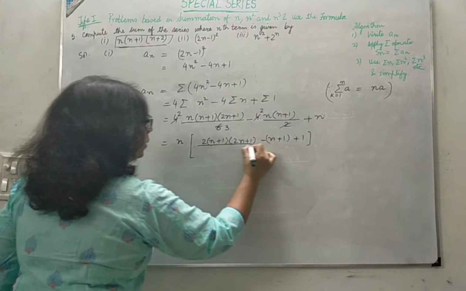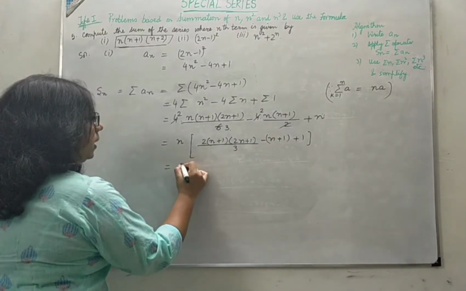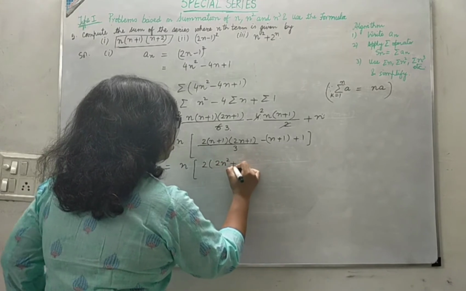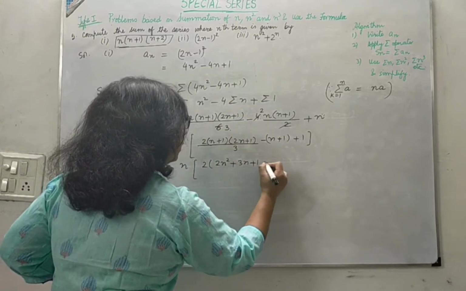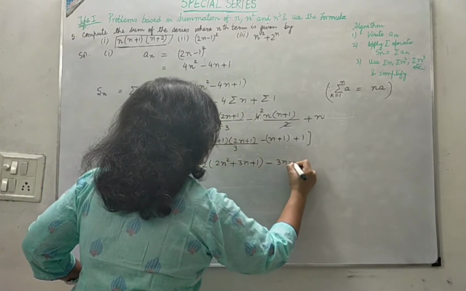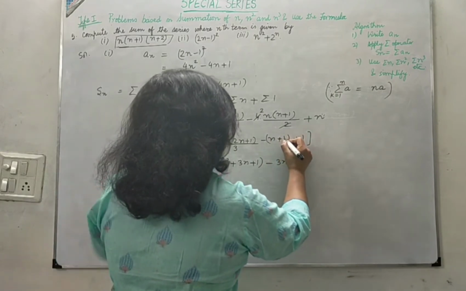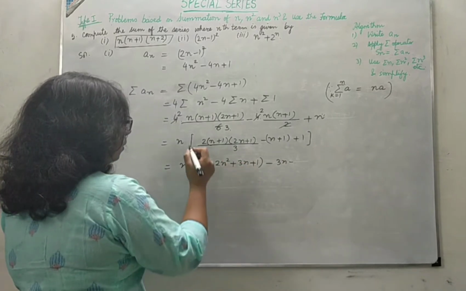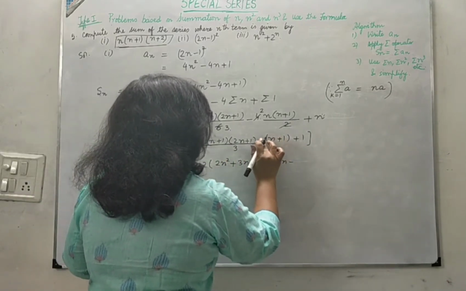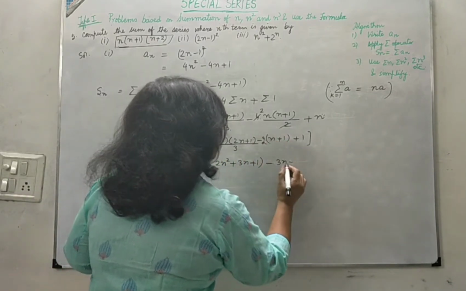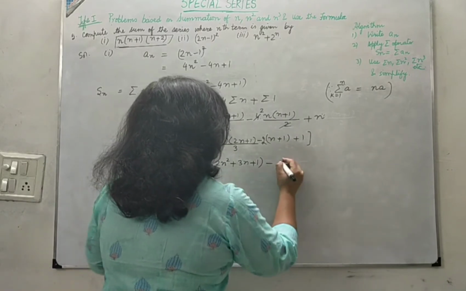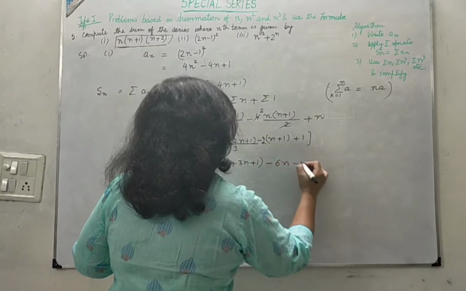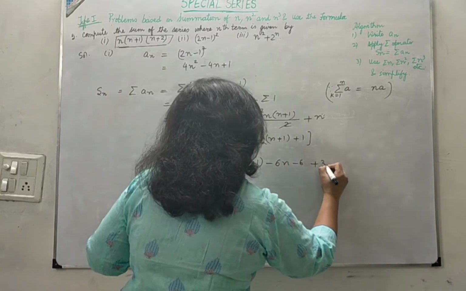So we are left with this as 3 minus, taking LCM, this is 2 into 2n square plus 3n plus 1 minus 6n minus 6 plus 3.